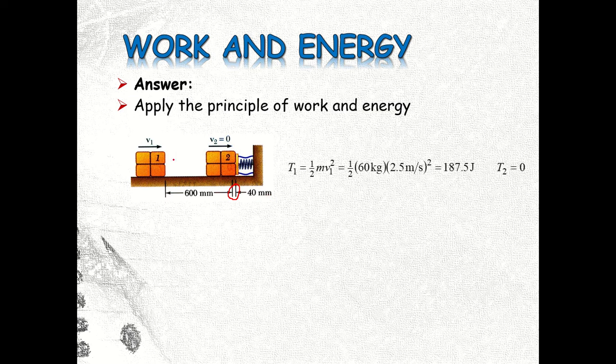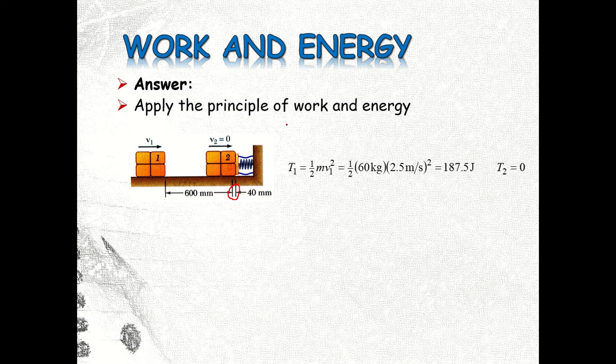Okay, so solving for the kinetic energy at position 1, so we have T1 here, that is 1 half m v sub 1 squared equal to 1 half. The mass here is 60 kilograms, that is the mass of the package, multiplied by its velocity squared. So we got here 187.5 joules. Okay, so that's the unit of the kinetic energy.